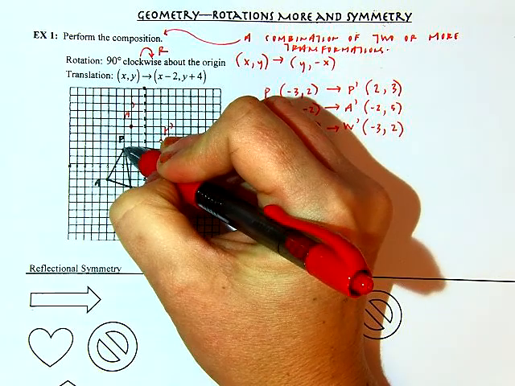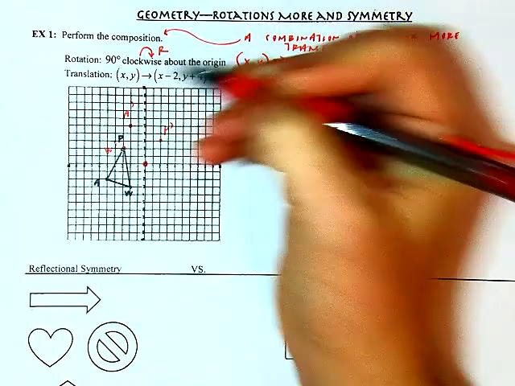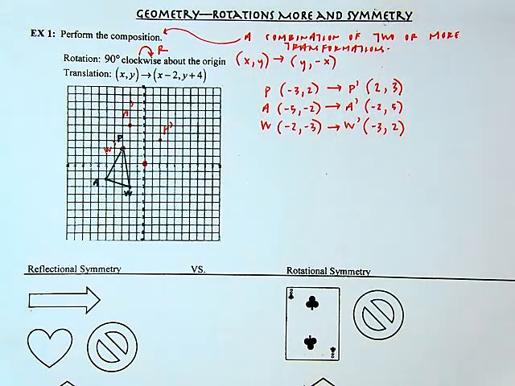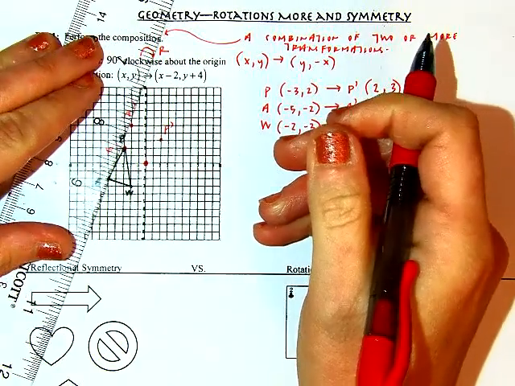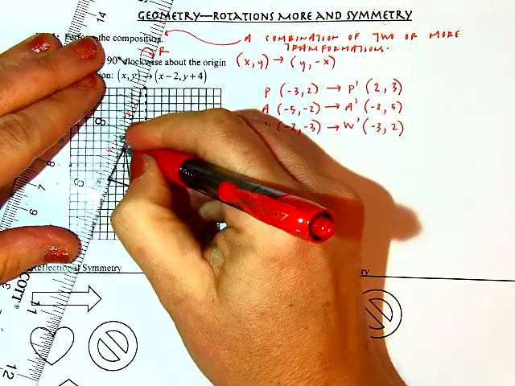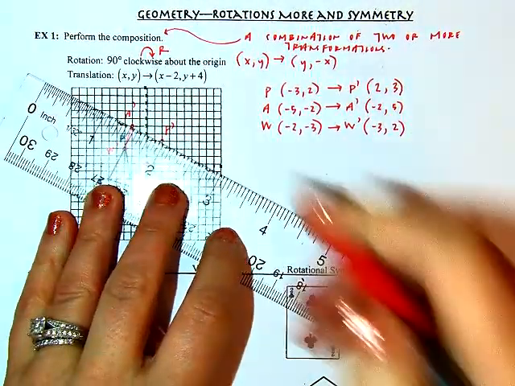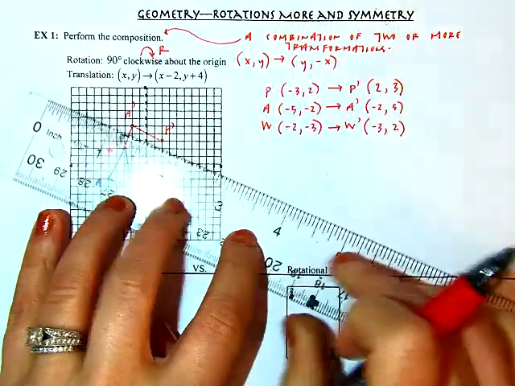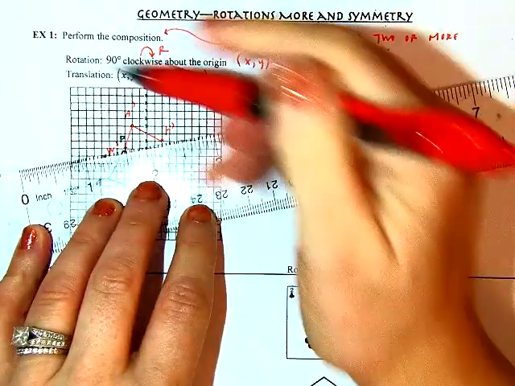It's right here where the P is, the same spot. I'm just going to put W prime right here. All right, so now I can connect my dots. My figure has rotated 90 degrees to the right, with the clock, around 0, 0, the origin, as the center of rotation.